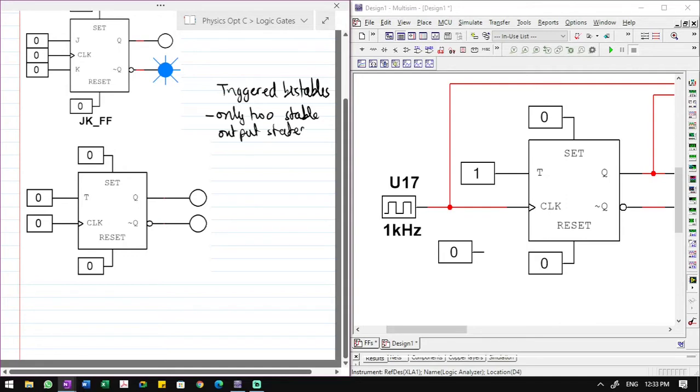The only two output states are Q being 0 and Q prime being 1, or Q being 1 and Q prime being 0. There's no 0, 0 for both of them, and no 1, 1 for both of them. Good. And then, of course, triggered means that the input clock triggers the output.